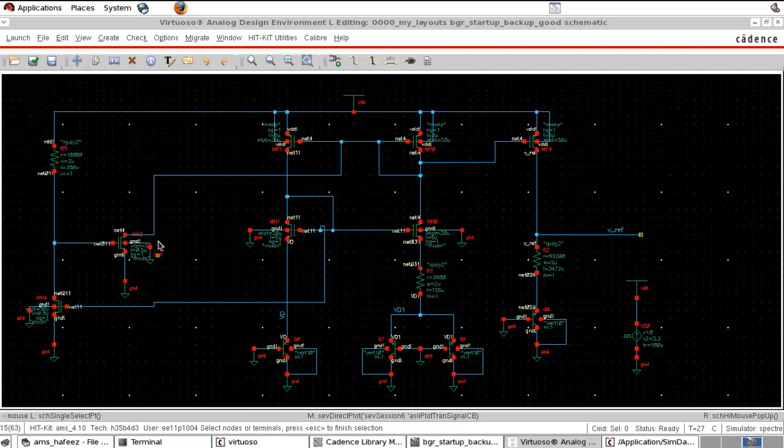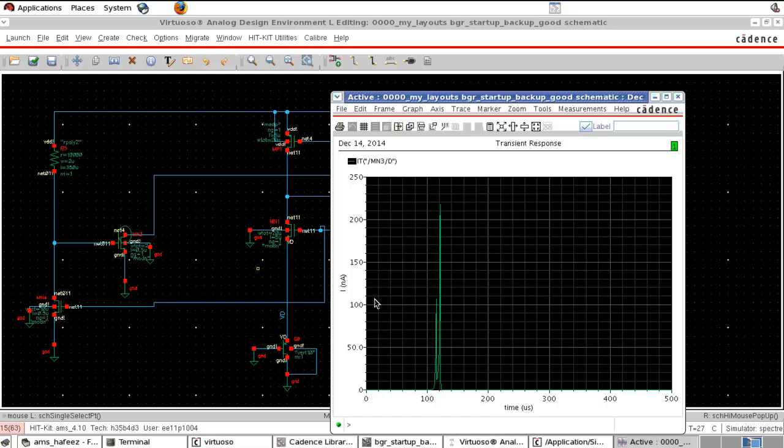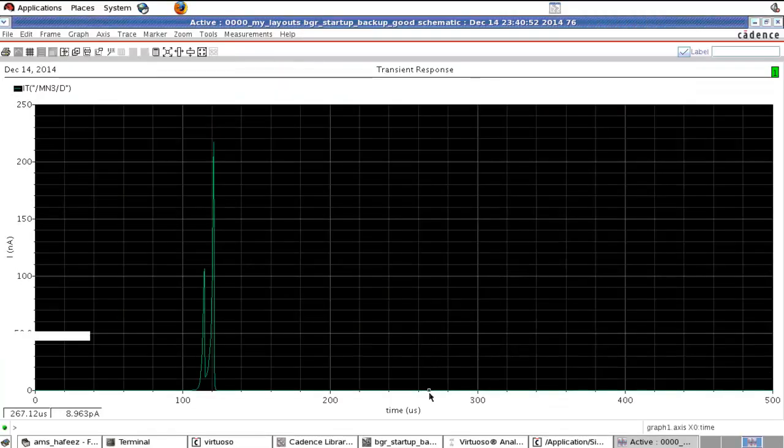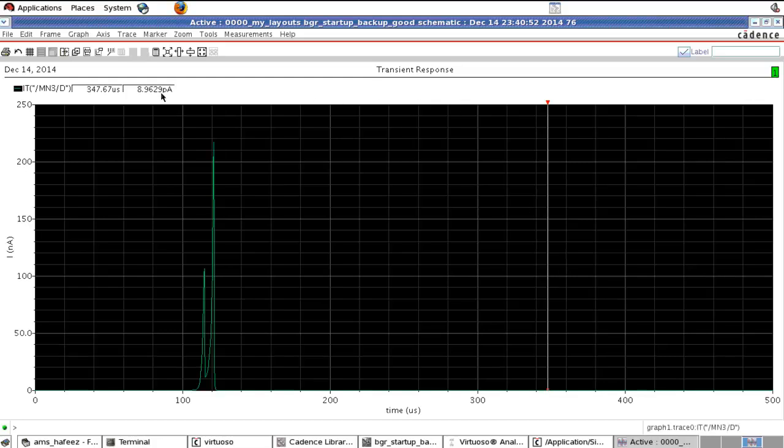We want the current through this MOSFET to be zero when the circuit is functioning in the normal region. So you can see the current is almost zero, only 8 picoampere in the normal region.